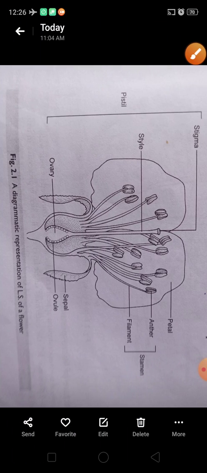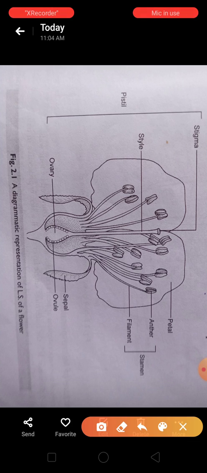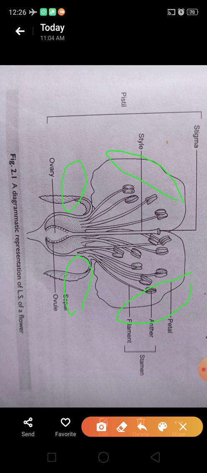In the picture you can see, first of all, the first part, that is the sepals. You can see on your screen, these are the sepals. Next, the petals. These colored parts attract pollinators.